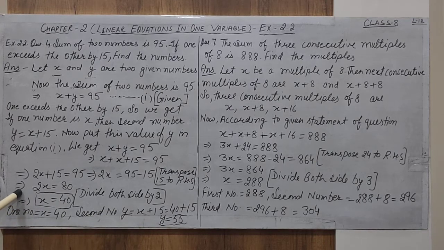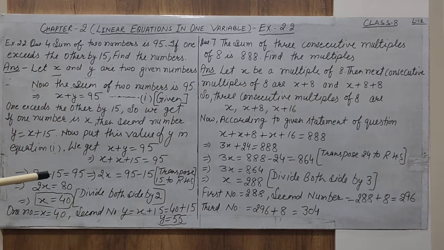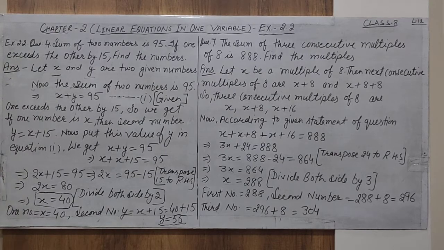This is not the only solution. To get the solution you must complete the whole answer, that is the first number and the second number. Students, you must understand how we can write the equations, how we can put the values, how we can use the given conditions to write the equations.